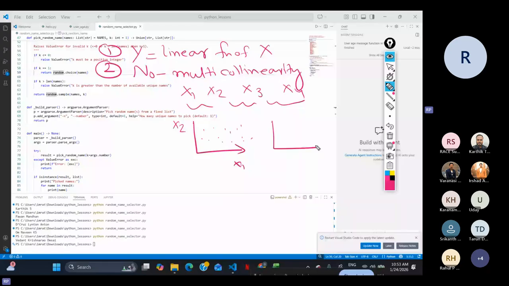If I plot x1 and x2 and they are going like this, there is a problem in the assumption. They should not be related to each other. They should be completely independent from each other. In an ideal world, if they are completely independent, you will get a better regression model. If they're not completely independent, you will get some problems.